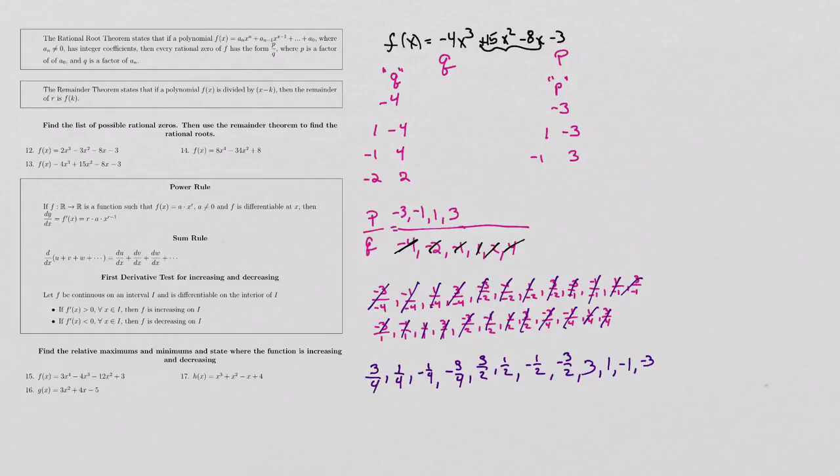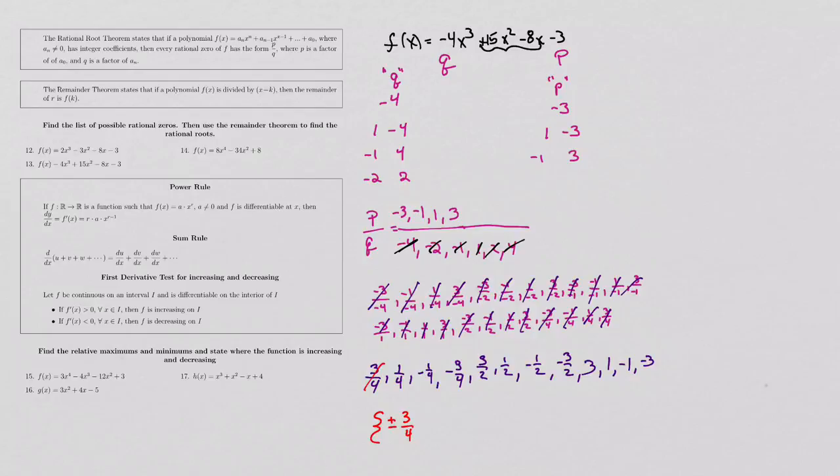Alright, so now I have a list here. But now it's kind of lengthy, so I'm going to use my notation to simplify it and make it a little smaller. What we're going to go ahead and do is use my curly brackets. I'm going to do plus or minus 3/4.